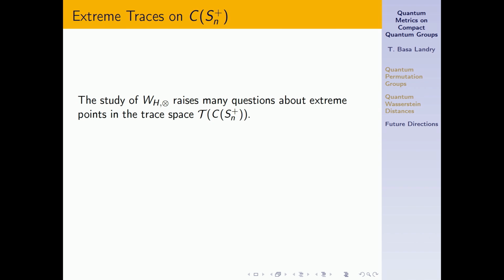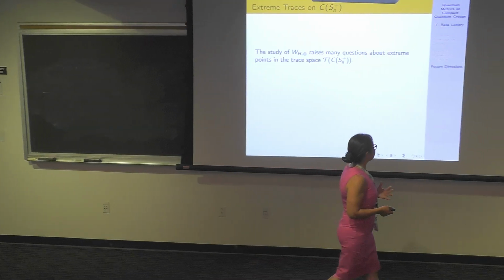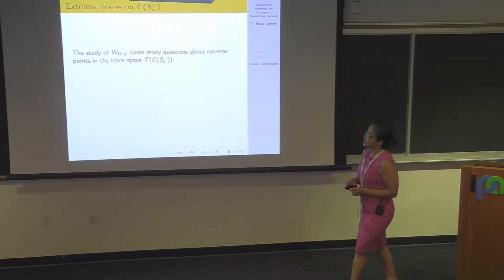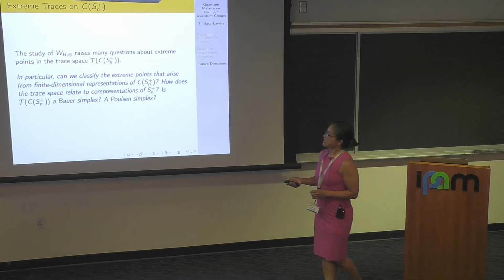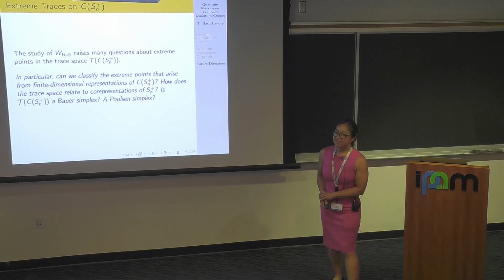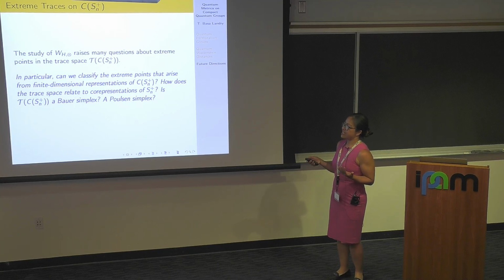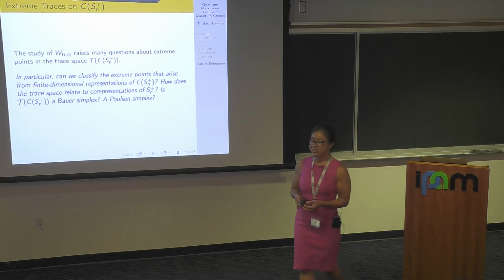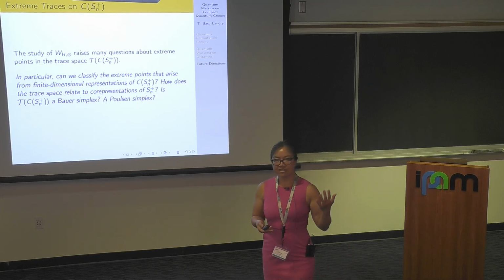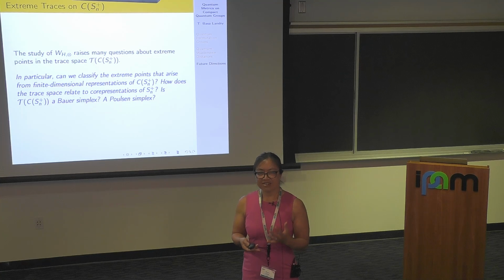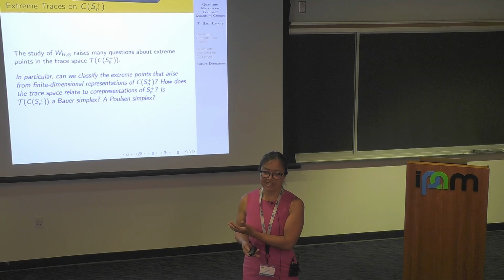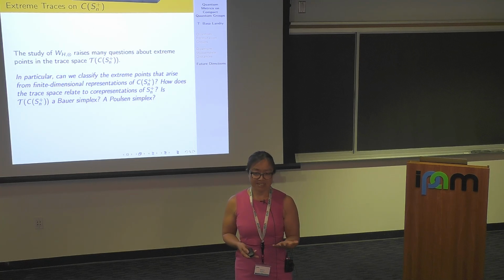And in the study of the trace space, one of the things one can study is the extreme points on the trace space. And so combinatorially, how could we classify the extreme points that arise from the finite dimensional representations? Another thing about a lot of universal C-star algebras, like the quantum permutation groups, is that they admit a lot of traces.